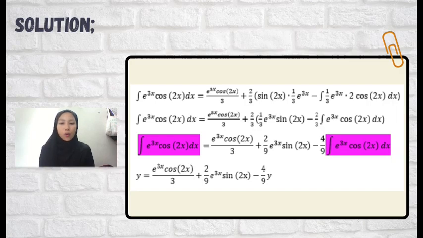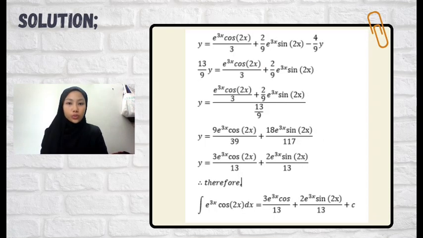So we get y equal to e to the power of 3x cos 2x divided by 3 plus 2 over 9 e to the power of 3x sine 2x minus 4 over 9 y.